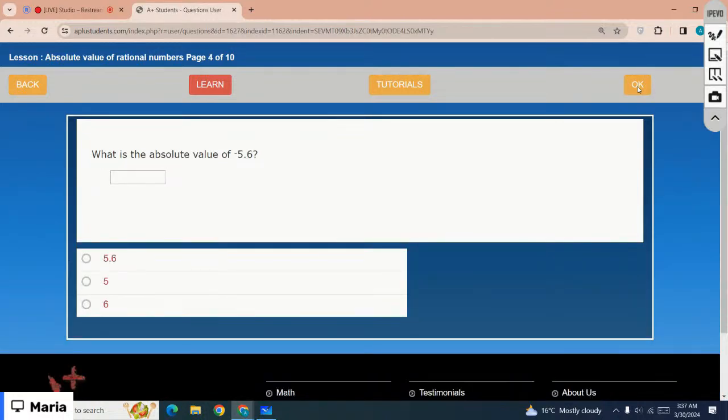Which is the correct option? That is 5.6. Option number 1 is the correct option, right?